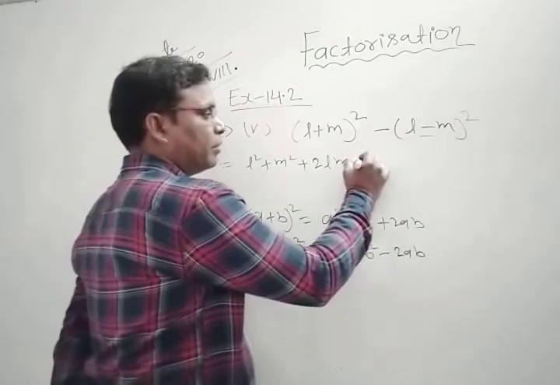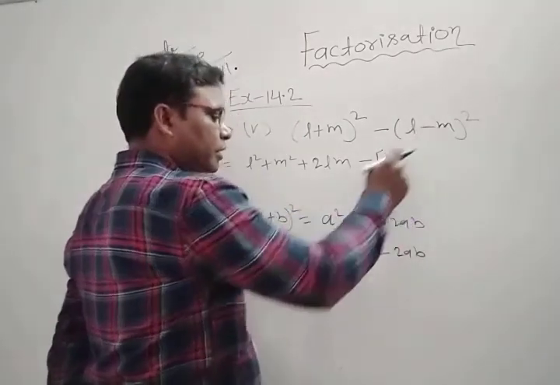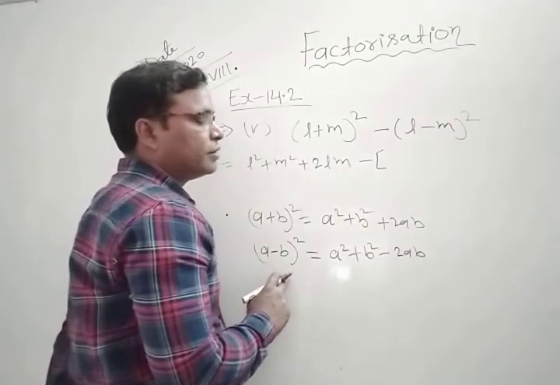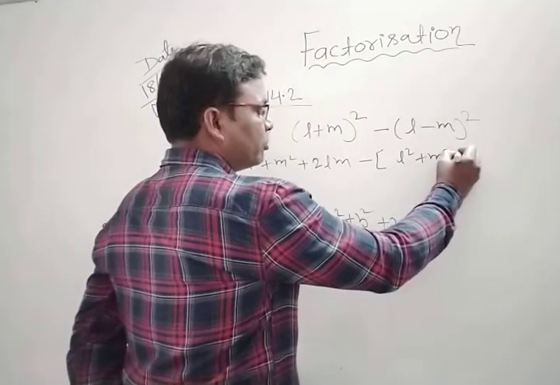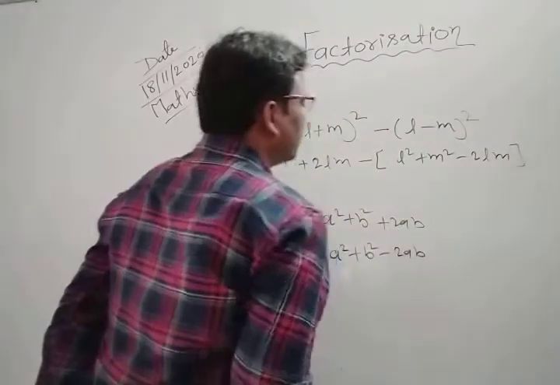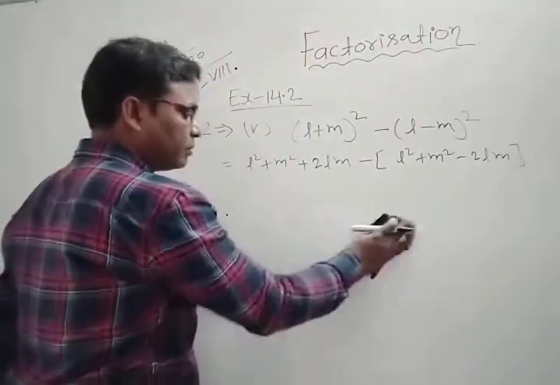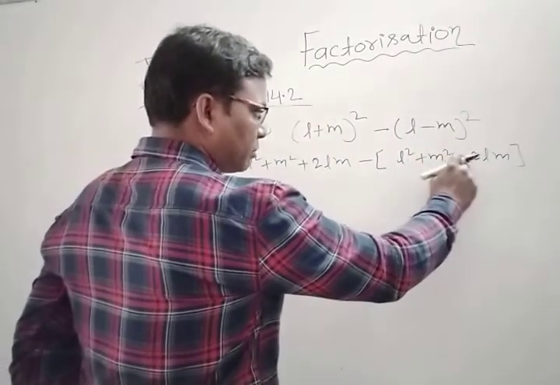Again here, minus the whole square of l minus m, which is of the form of the whole square of a minus b. This is equal to l square plus m square minus 2lm. So when you open this bracket, it becomes minus, again minus, and this becomes plus.